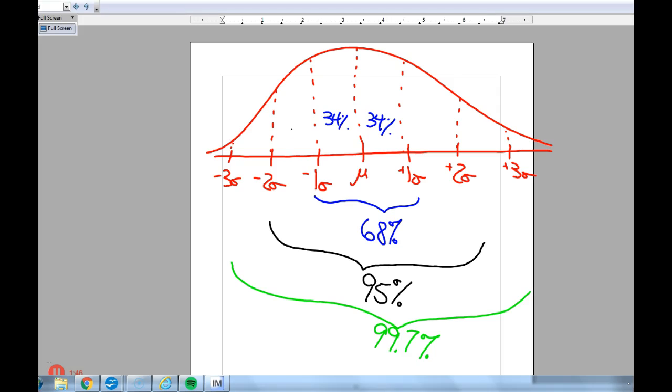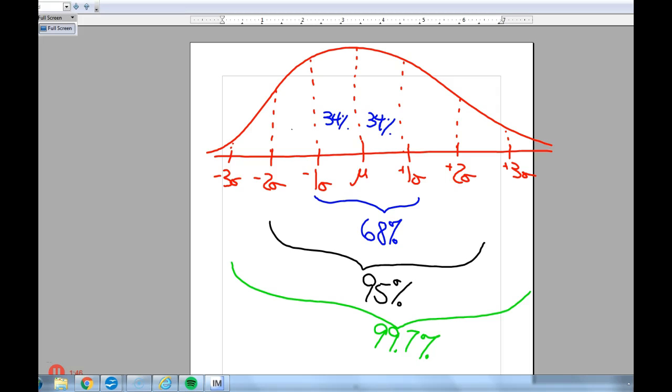So what I'm trying to get you to process is if 95% of the data is in between there and there, and I know 68% of it is already used up, so I got 95, but 68 of it's gone. What percent is left? 27, right? So these two have to add up to 27, and it's symmetric, so they've got to be the same.